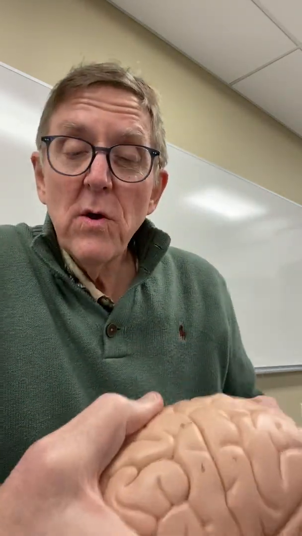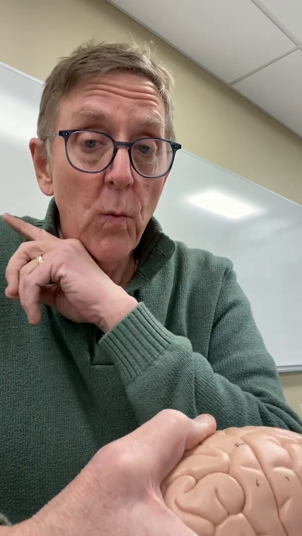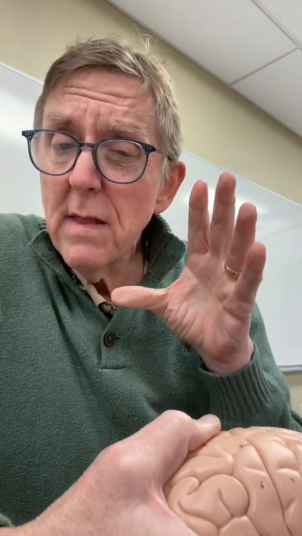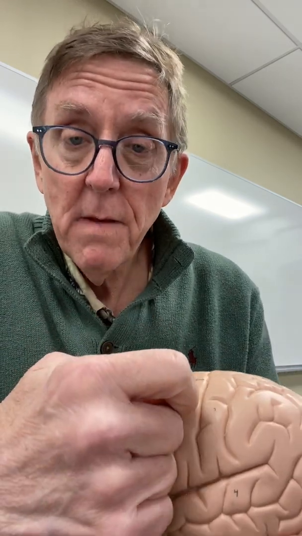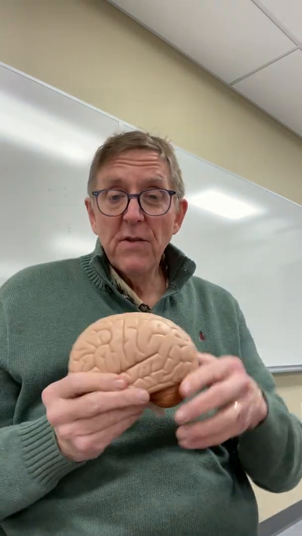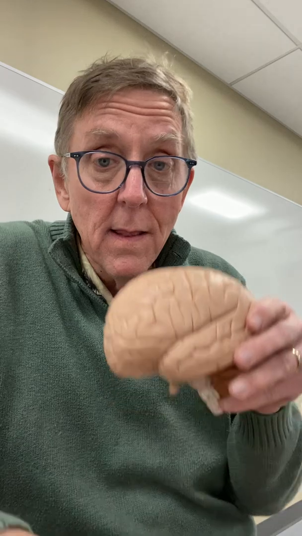When you look at a human brain versus a sheep's brain, and we'll have a sheep's brain that we'll be looking at next week, you'll notice that the sulci are much deeper in the human. And it's because on the human we have this outer layer.